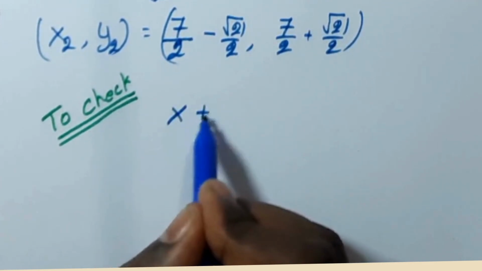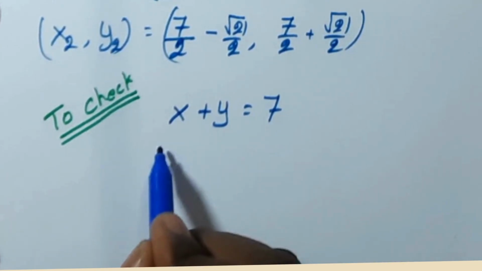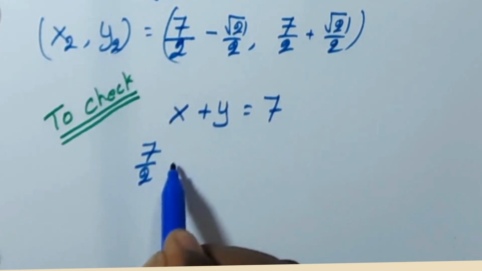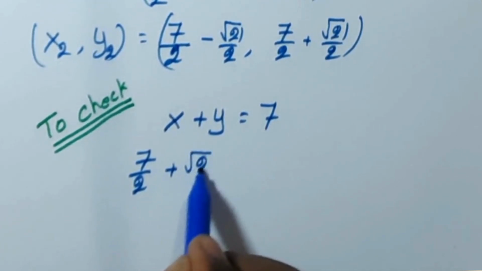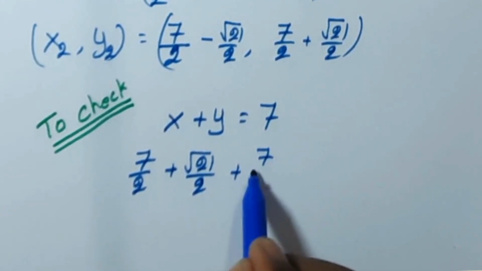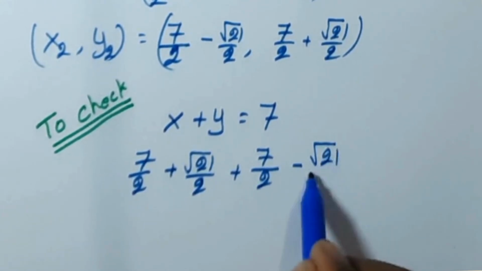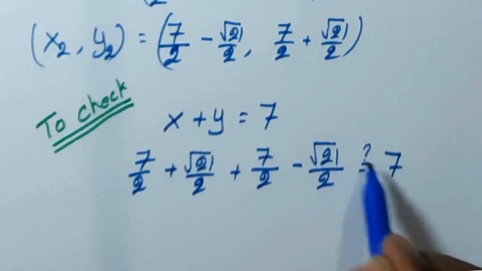x plus y equals 7. Now x is 7 by 2 plus square root of 21 by 2, plus 7 by 2 minus square root of 21 by 2, equals 7. We are going to verify this.